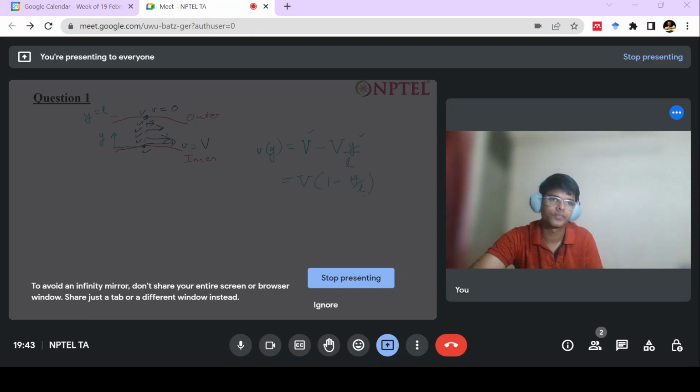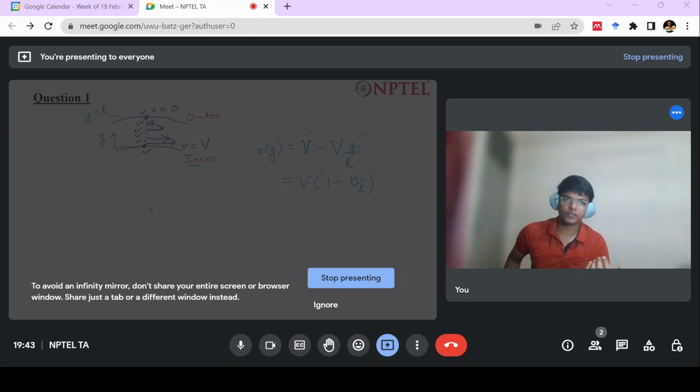Now, what we actually have to find is the force applied on this inner wall due to the viscous effects. So where is viscosity coming from? Viscosity is the property of the fluid which is not letting it move, which is providing a friction.